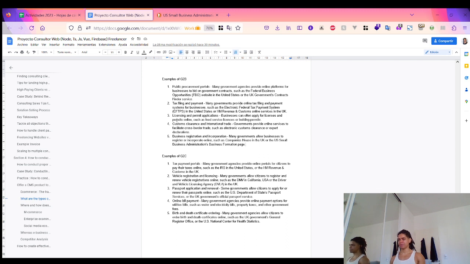So these are examples of government to business: procurement portals, tax filing and payment, licensing and permit applications, customs clearance and international trade, and business registration and incorporation.